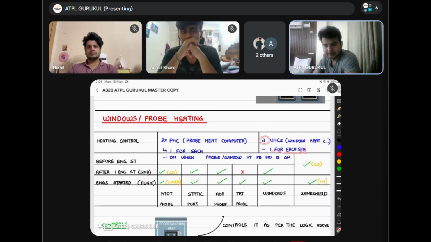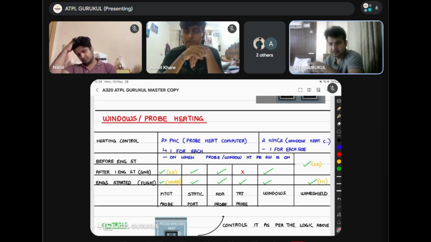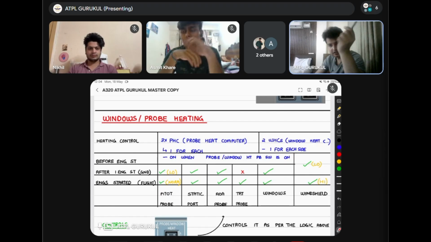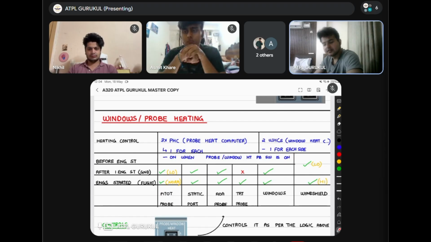One WHC controls one windshield, one sliding window, and one fixed window. Another WHC controls the windshield, right hand side sliding window, right hand side fixed window. Then we have three probe heating computers, one for each, which means one for captain's, one for first officer's, one for standby probes, right?